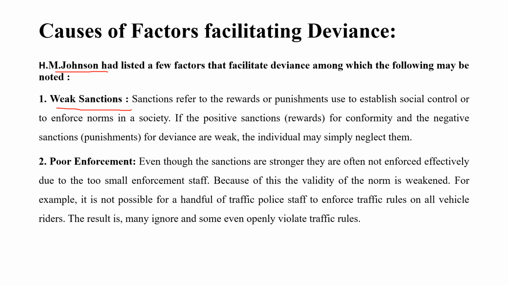So the stricter you are, people will not try to violate them. But the weaker the sanctions that are implemented, the more they will deviate. So sanctions refers to reward or punishment used to establish social control and to enforce the norms in society, right?